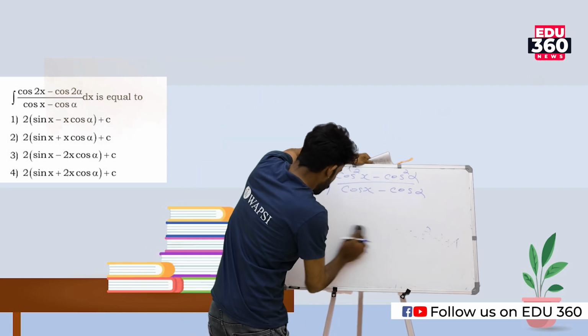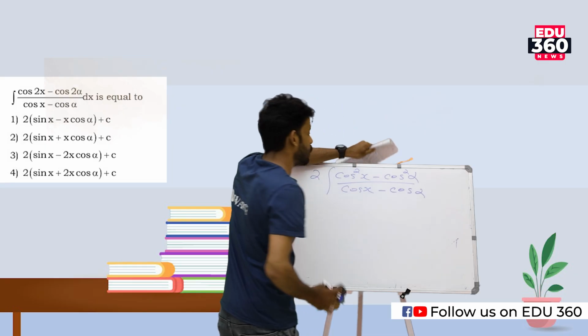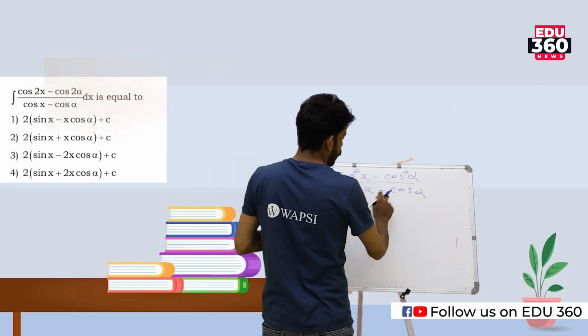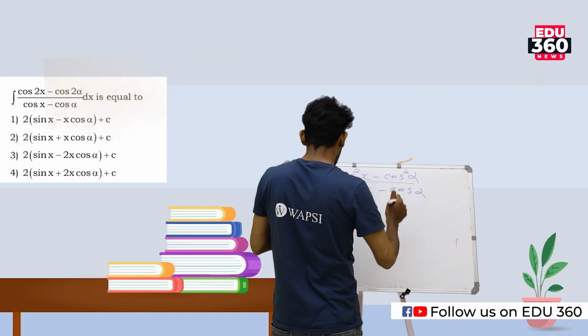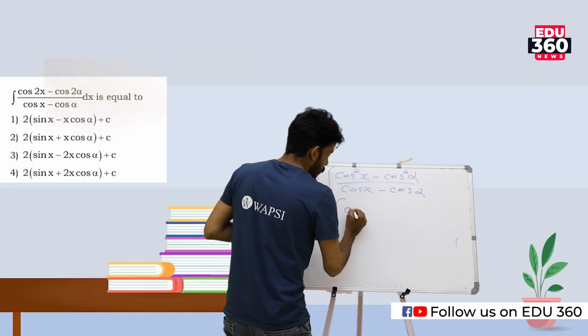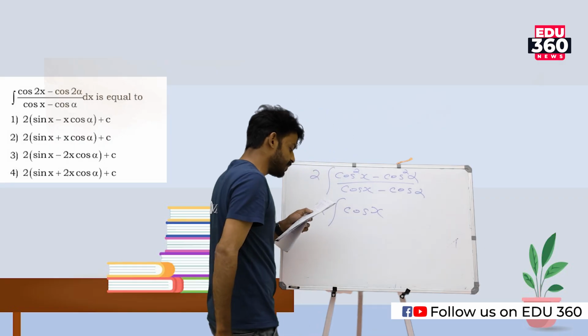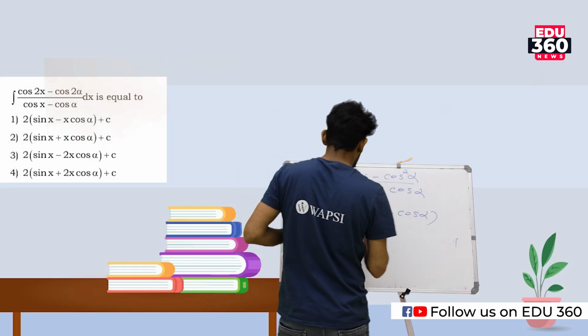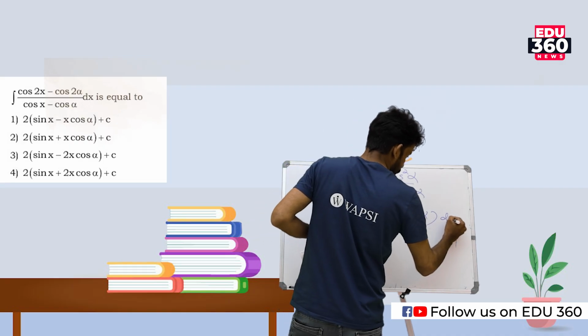So now look at the denominator. Cos x minus cos alpha is there. So we cancel cos x minus cos alpha from the denominator and the numerator. The next step is 2 into the integral of cos x plus cos alpha dx.